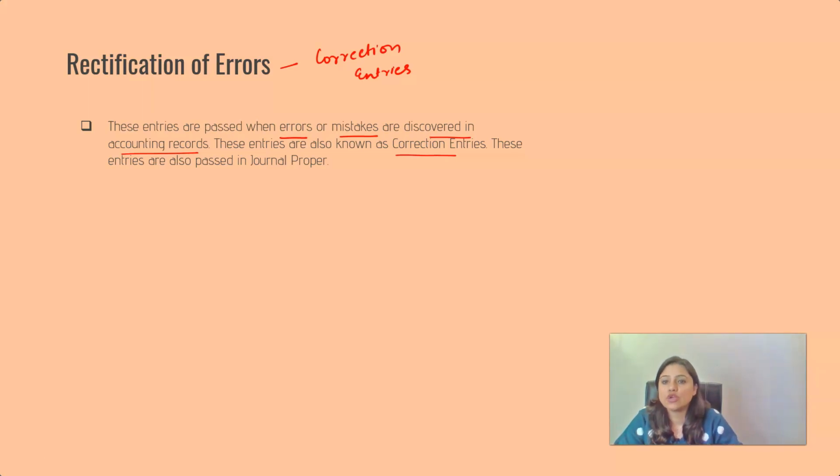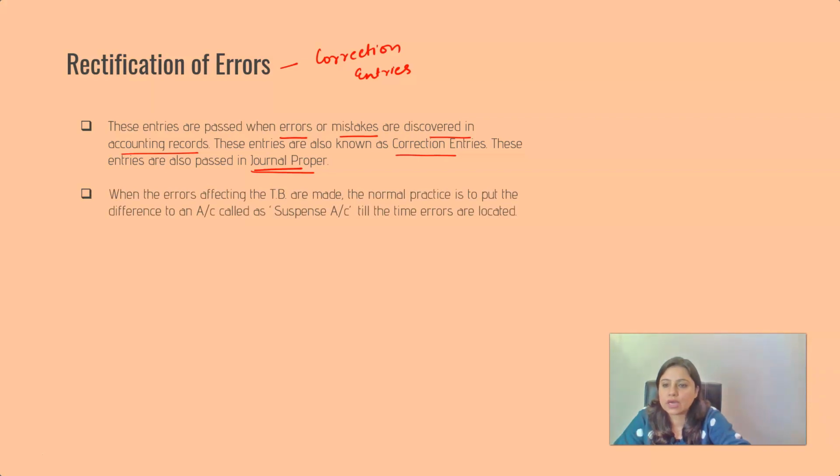When such errors or mistakes are discovered in the accounting records and corrected or rectified, that is what is called correction entries or rectification of errors. Such entries are also passed in the journal, so rectification entries are also part of the books of accounts.